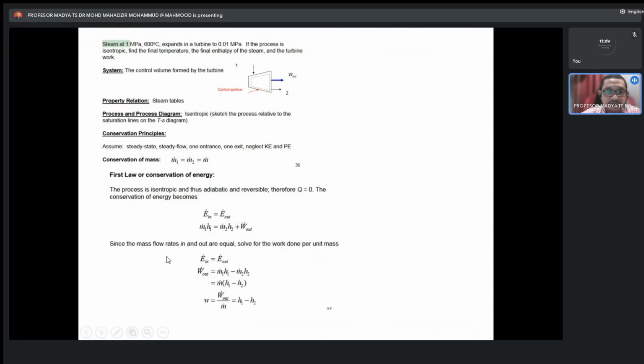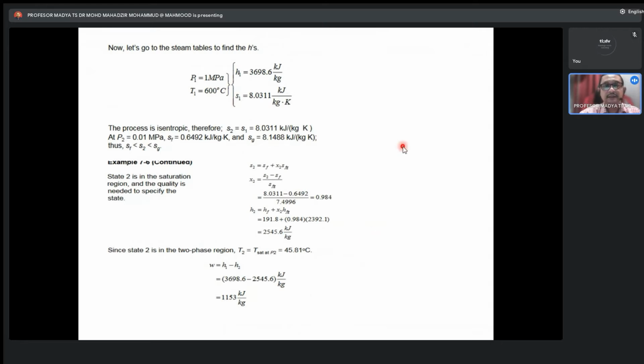Since the mass flow rates in and out are equal, solve for the work done per unit mass. You just simplify and restructure this formula. Then W out dot is equal to m dot 1 h1 minus m dot 2 h2. Simplify these equations, and then you will get h1 minus h2.